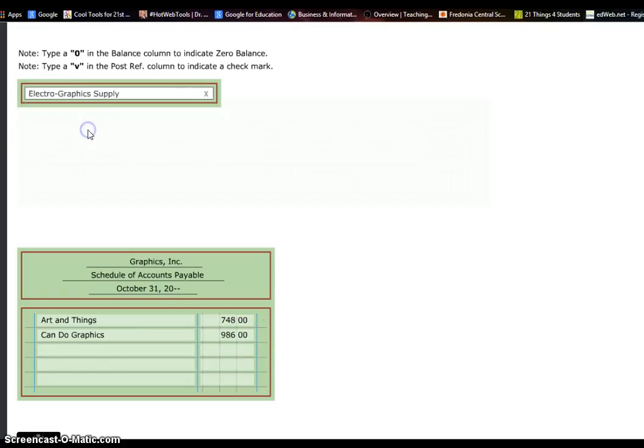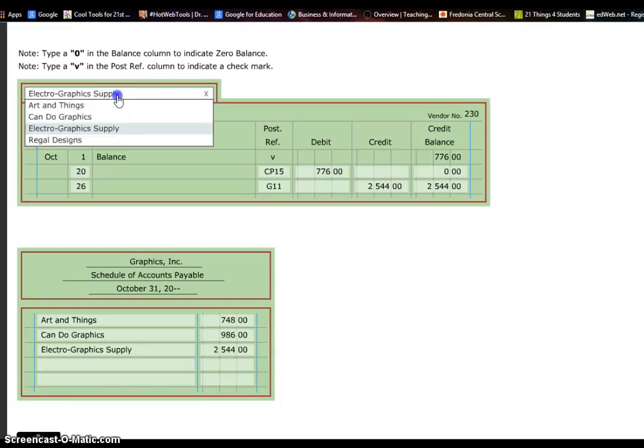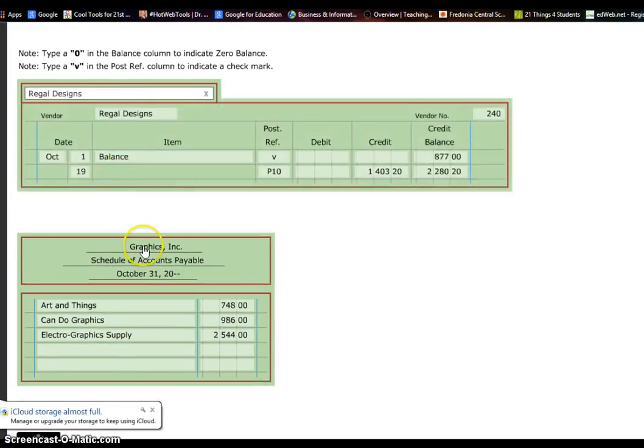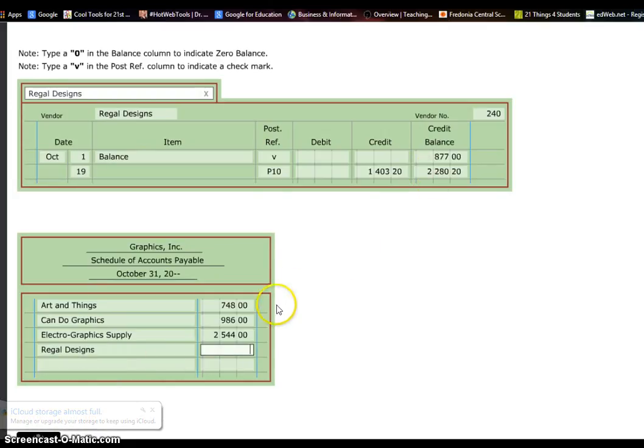The third one, Electrographics. Our balance here, $25.44. And our last one, Regal Design. Our balance $22.80 and 20 cents.